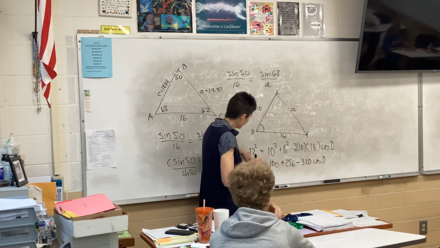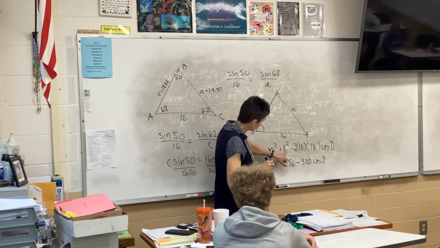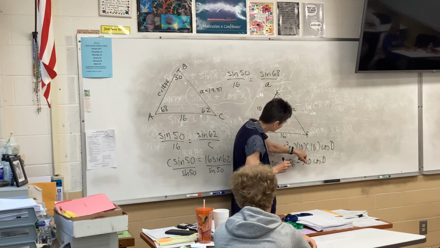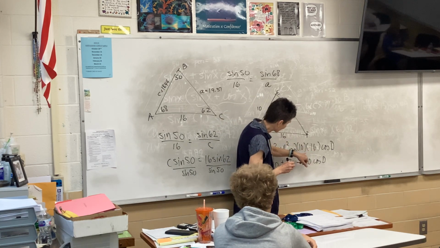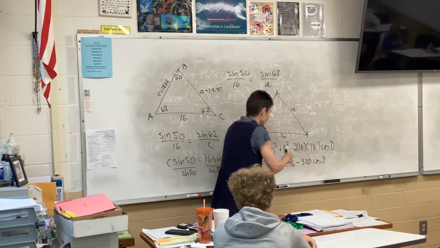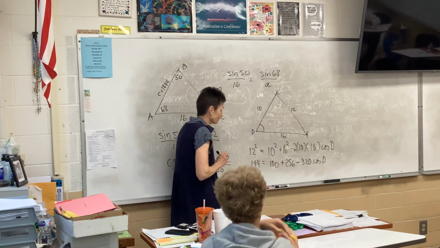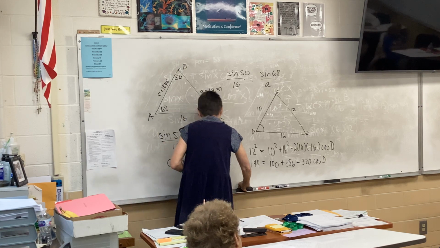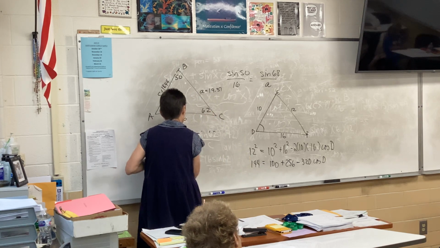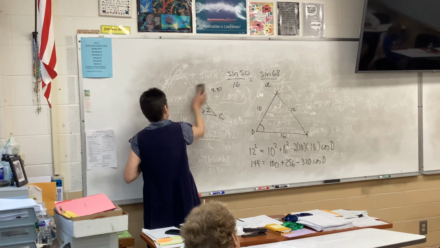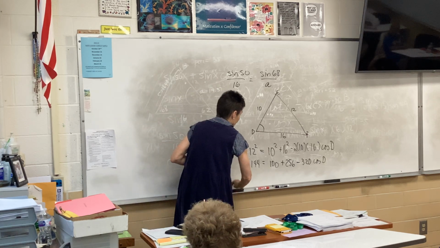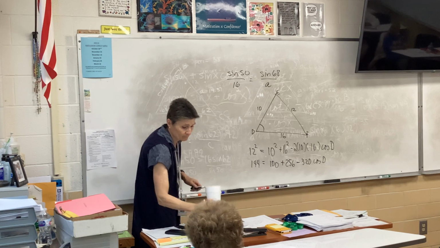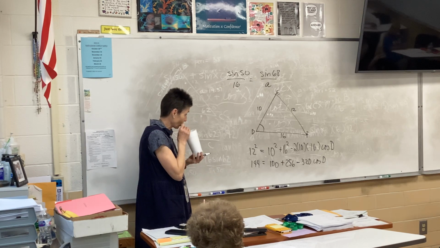All right, so I squared that, and then multiplied these three numbers together and hooked it to my cosine D. So, tell me, what do I do now?